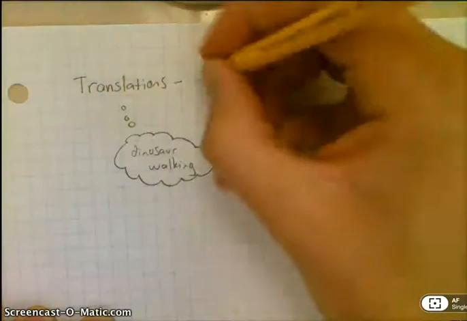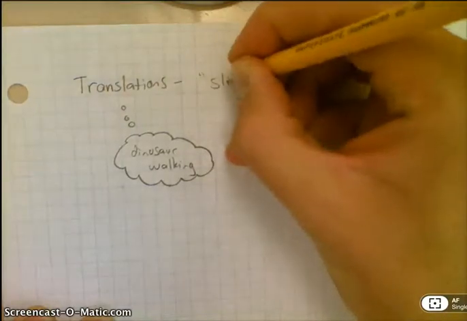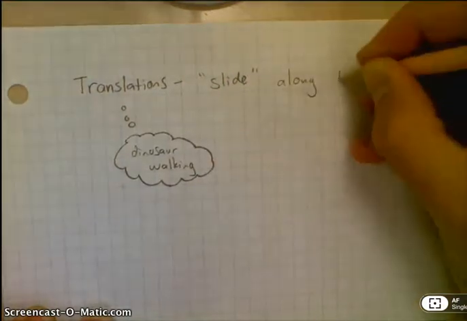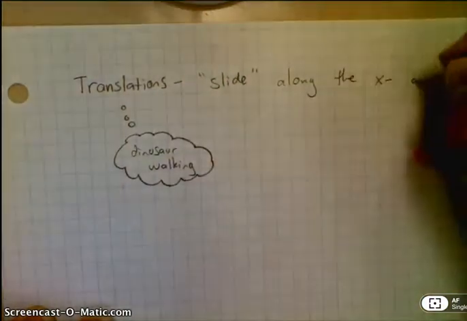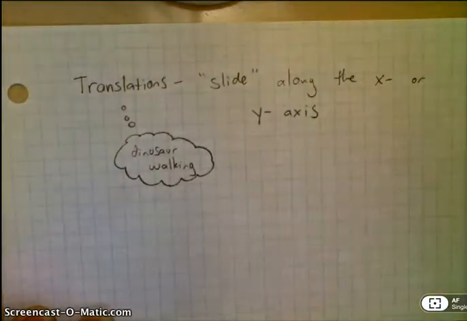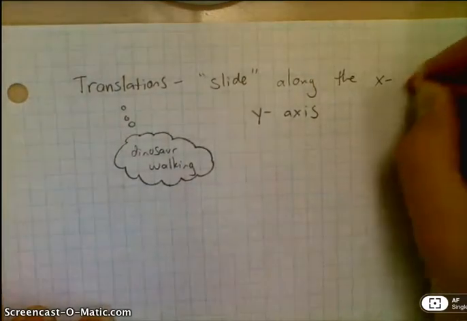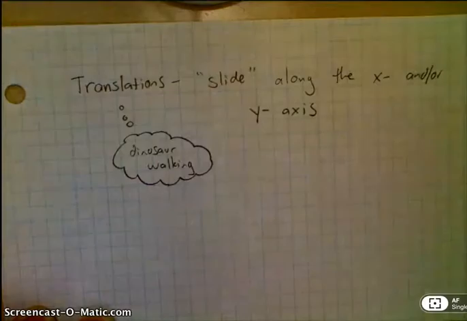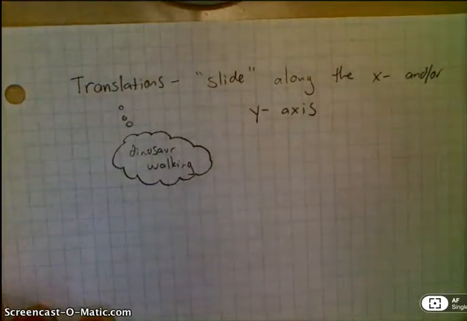In our terms, though, a translation is like a slide along the x or y axis. Actually, I'm going to say the x and or y axis, just because it can go both at the same time.